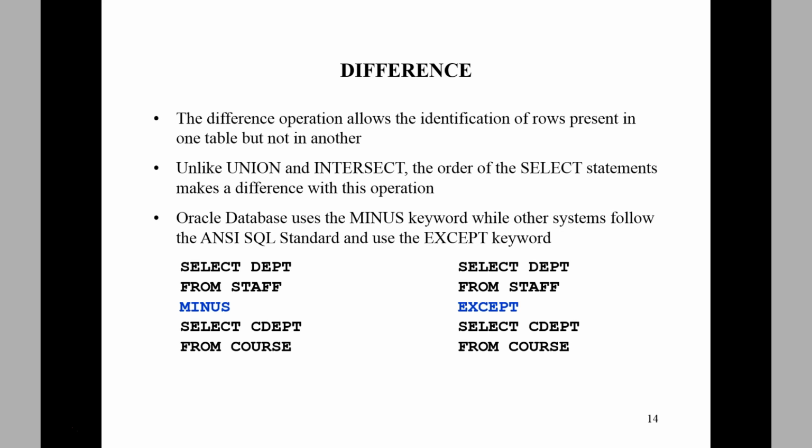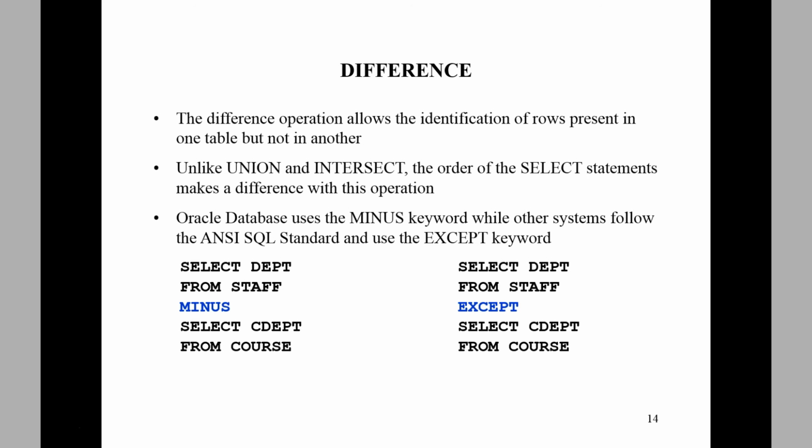So only rows present in the staff table and not present in the course table will appear in the result. And again, if the two statements were reversed, the result would be quite different.